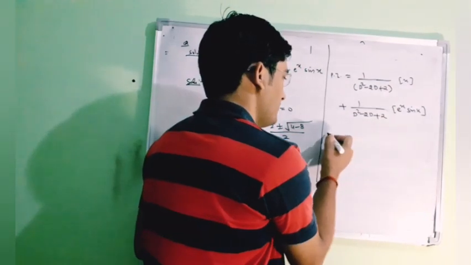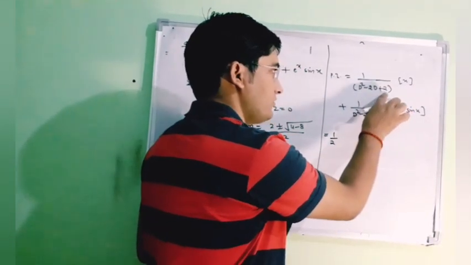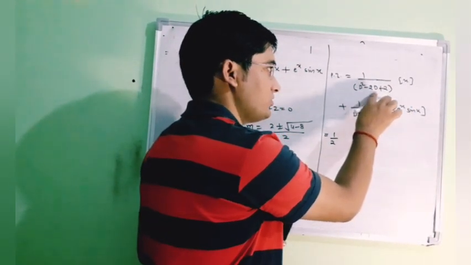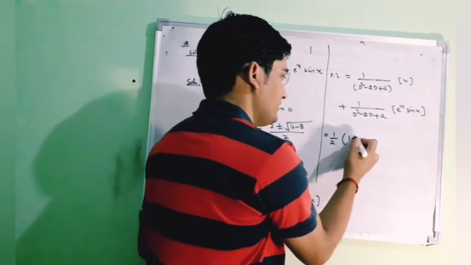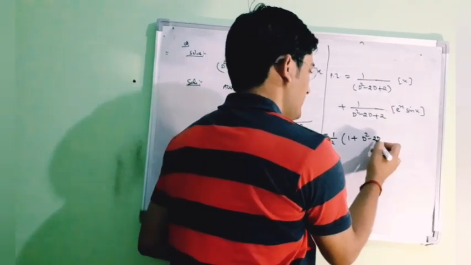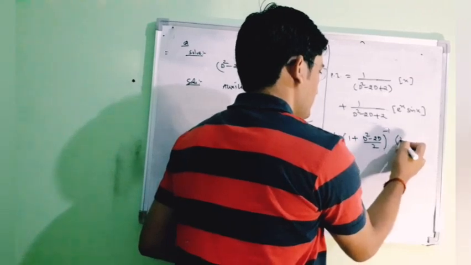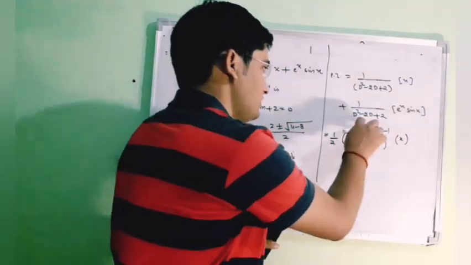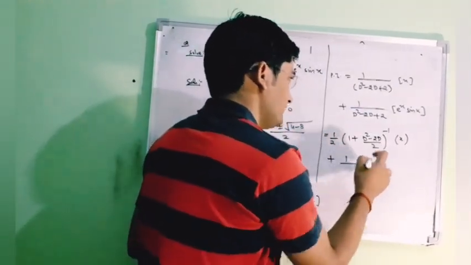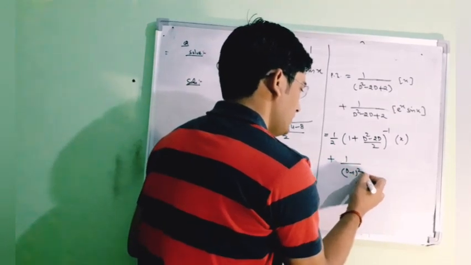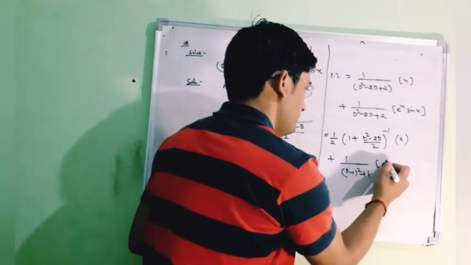So if we take 2 common, then here we will have 1 plus (D square minus 2D) by 2, to the power minus 1, and this term in the numerator. And here this term can also be written as 1 upon ((D minus 1) whole square plus 1) of e power x sin x.